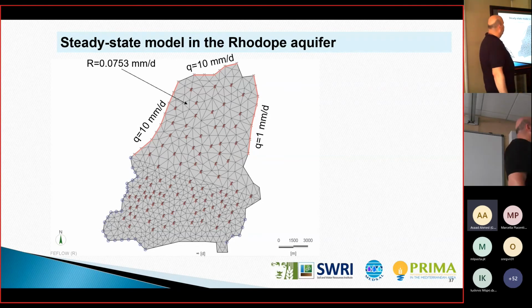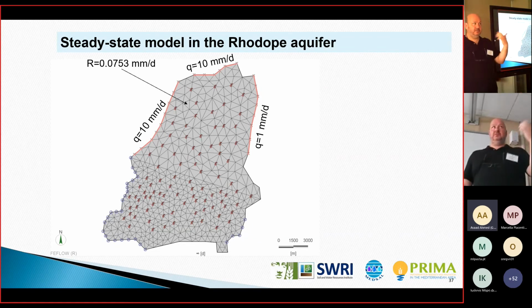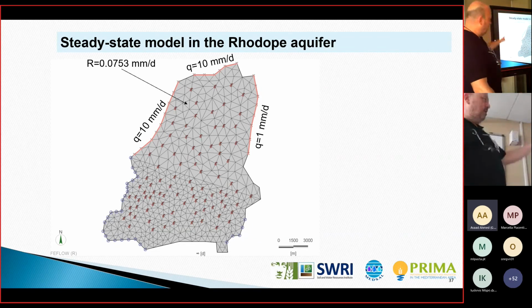Okay. We have the recharge at the top of the aquifer. And as we said before, this recharge is related as a percentage of precipitation. Actually, here it is 5% of precipitation.